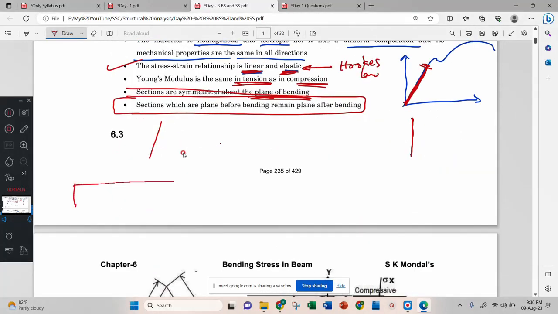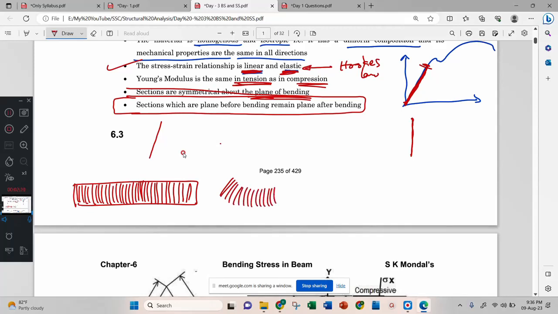Look at here, this is your beam and it has many bars like this, assumed. Then when it bends it will be like this. If I concentrate on one bar, that bar becomes like that. Earlier it was straight and plane, and after bending it also remains straight and plane.